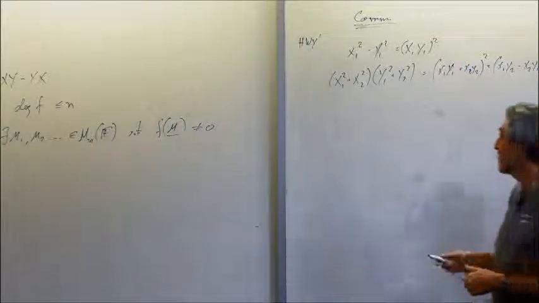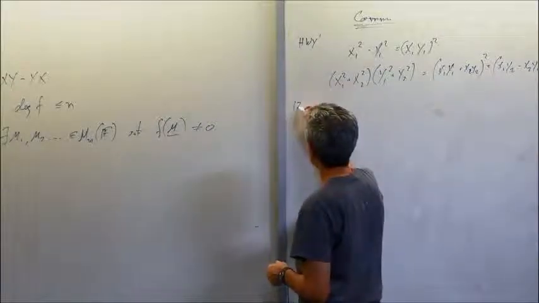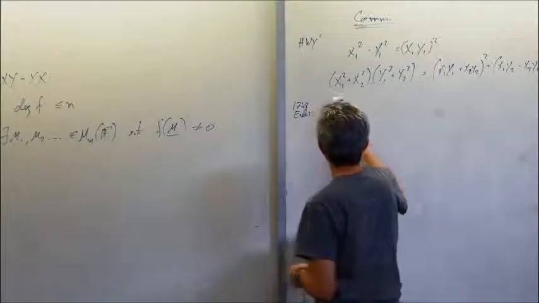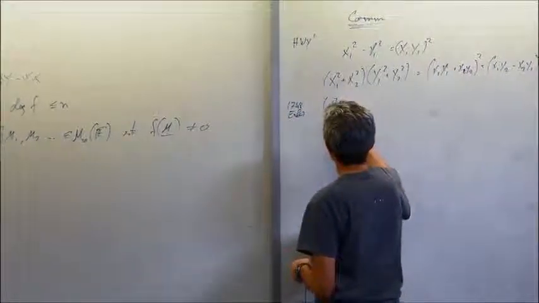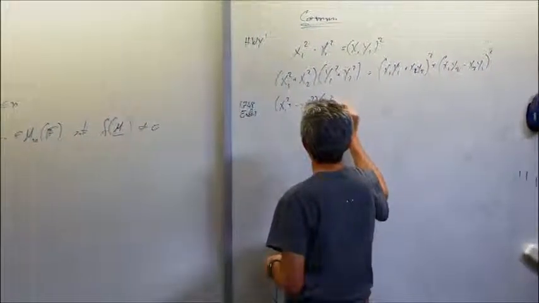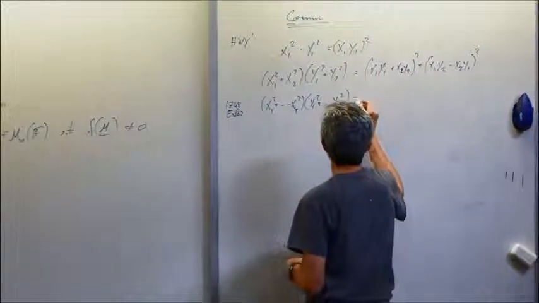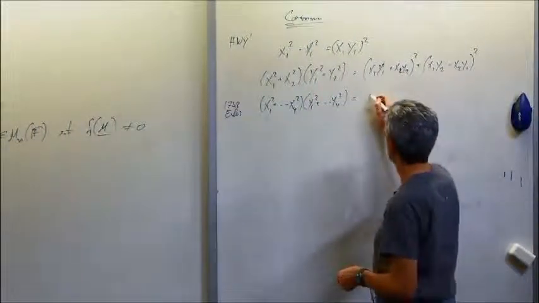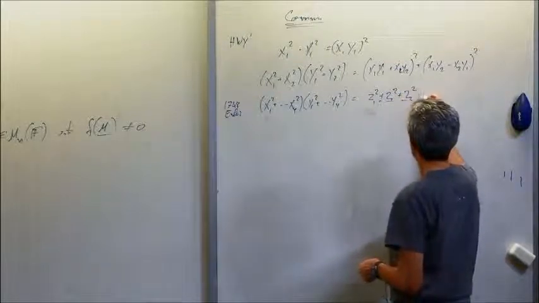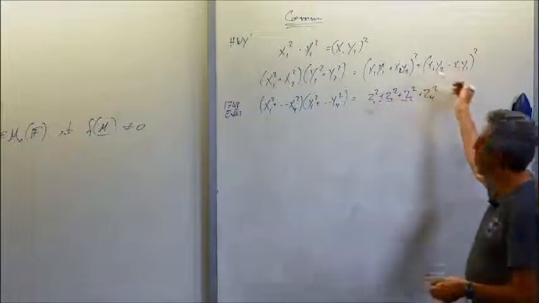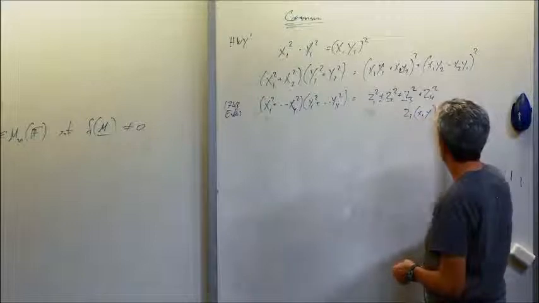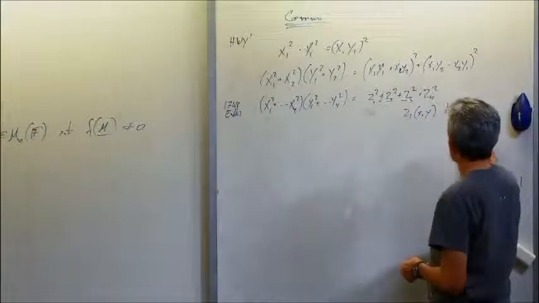Can we do more? And I think in 1748, Euler did the first really non-trivial one, with four squares: the product of a sum of four squares and another sum of four squares is z1 squared plus z2 squared plus z3 squared plus z4 squared. Of course, the z's should be bilinear forms, so the zi's are bilinear in x and y.